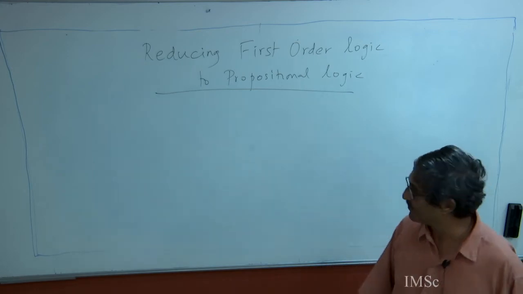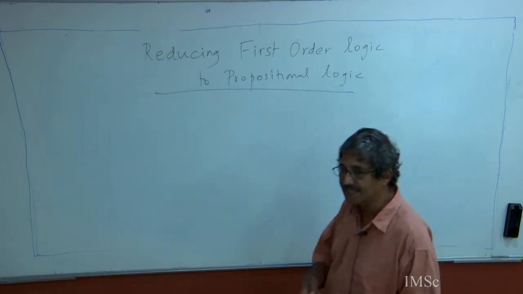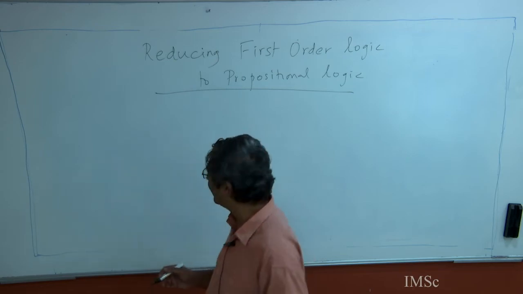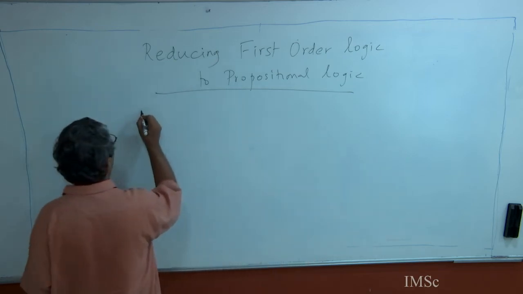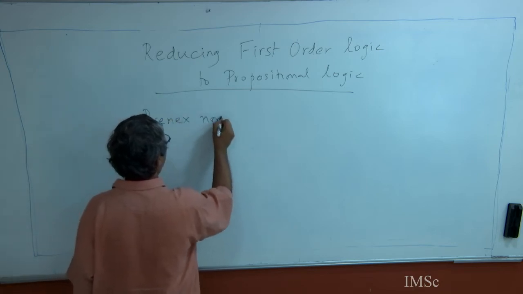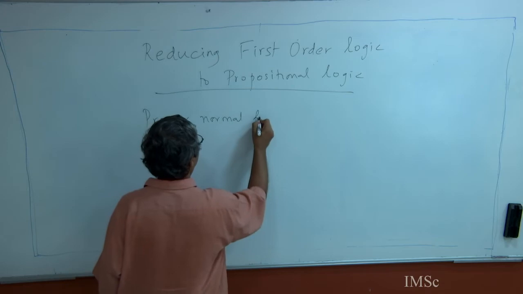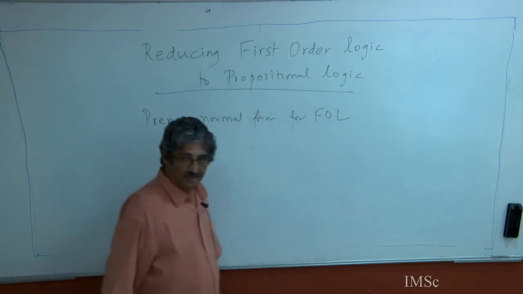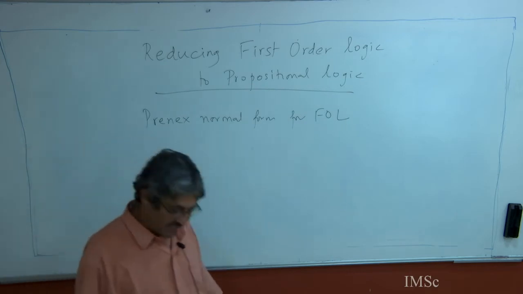So yeah, okay. So first thing to note is something that I'd probably forgotten to do earlier. So this is one which is what is called Prenex normal form for first order logic.